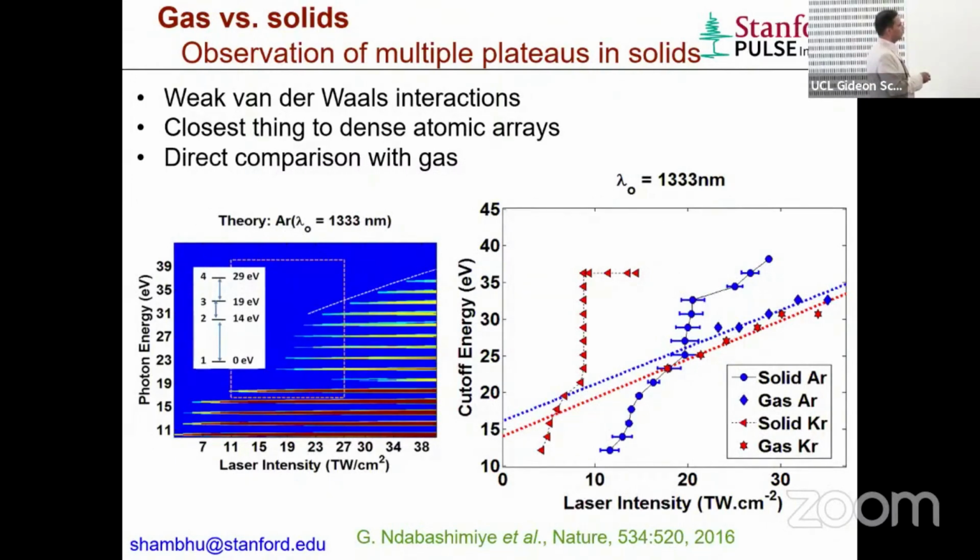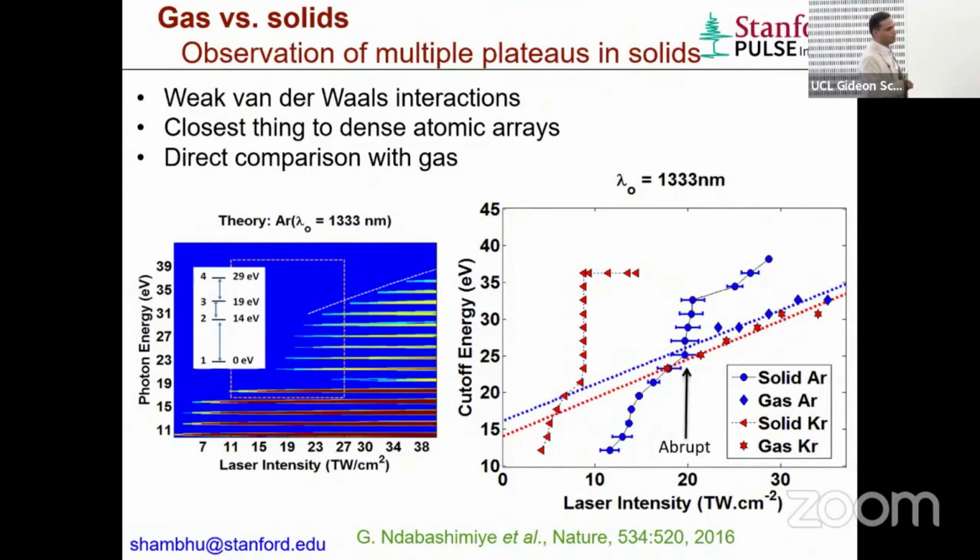This is the plot of the high energy cutoff as a function of the laser intensity. This is the gas phase, pretty straight, right? And this is the solid argon here, and this is for solid krypton. So we did argon and krypton, and xenon was too expensive even for us.